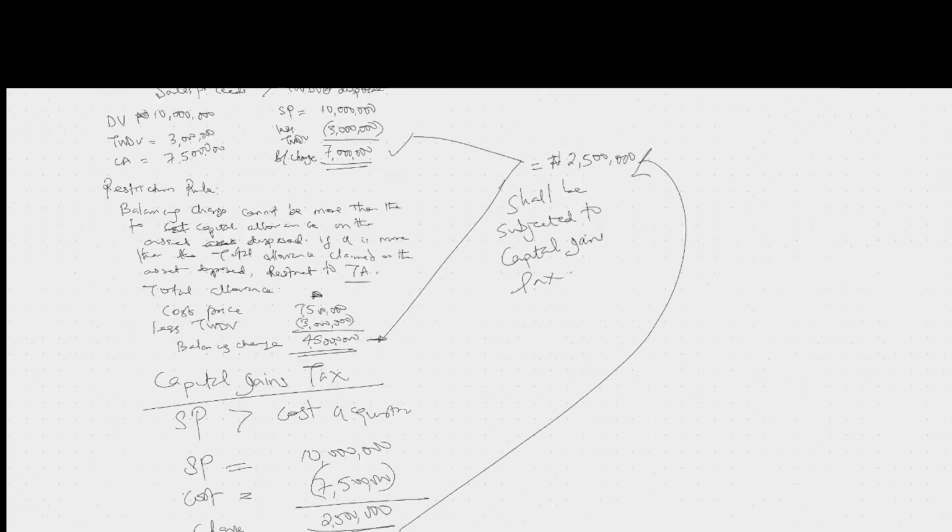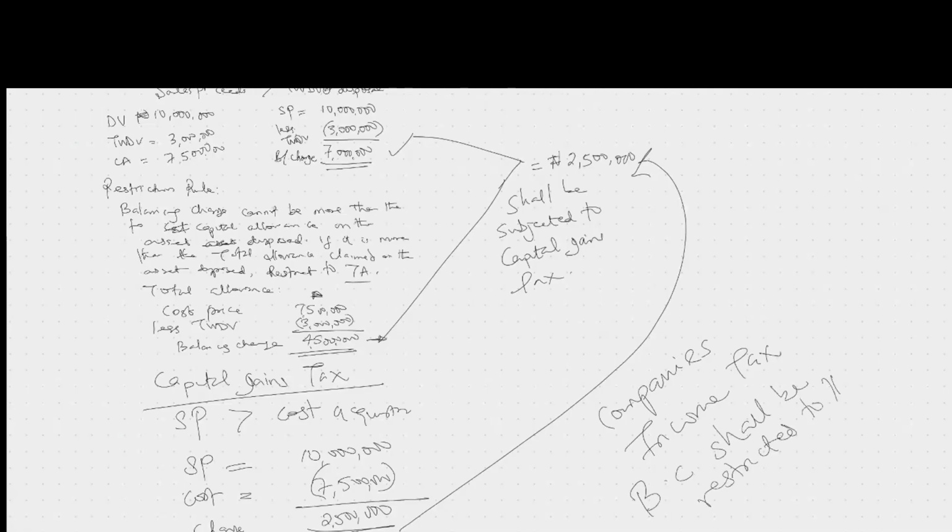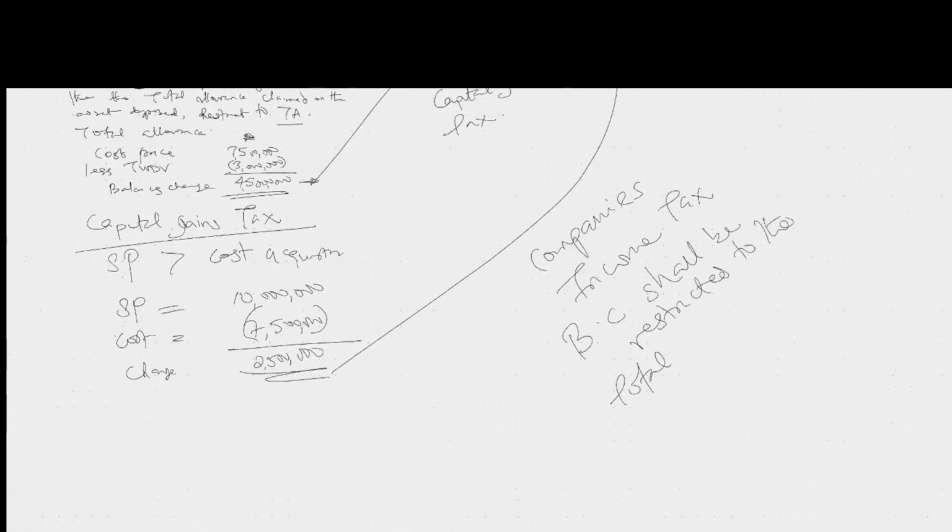So for the purpose of company income tax, your balancing charge shall be restricted to the total allowance claimed on the assets disposed. Okay? So that is that.